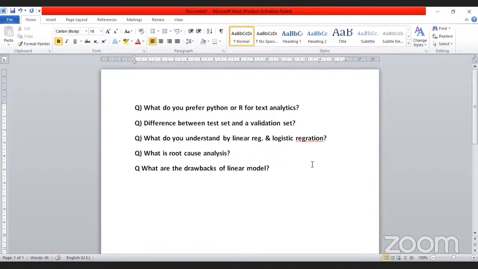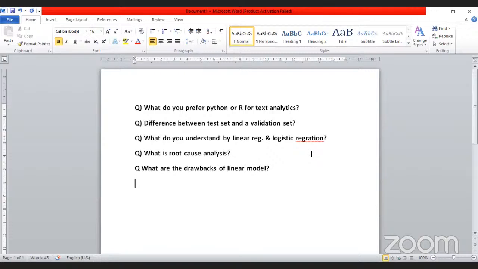The drawback of the linear model is the assumption of linearity of errors. It can't be used for count outcomes or binary outcomes, and there is an overfitting problem that it can't solve. Firstly, the first drawback is the assumption of linearity of the errors.